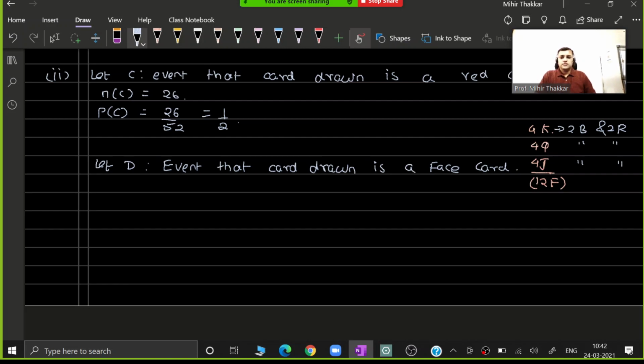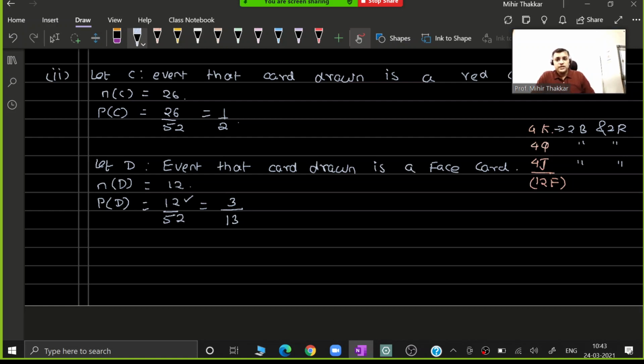So when I'm talking about event D, N of D in this case will come out to be 12, since there are 12 face cards. P of D is going to be equal to 12 by 52. Reducing it by 4, I will get 4 into 3 and 4 into 13. So it becomes 3 upon 13. While solving, we can use the first one as I told you in the previous lecture or in the previous example.